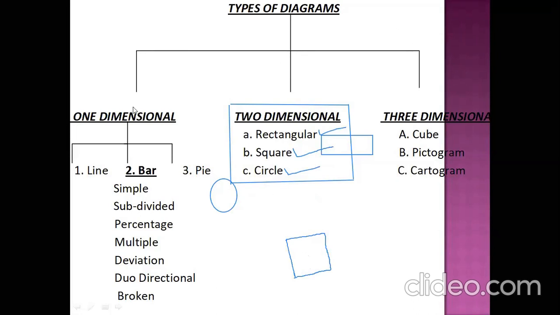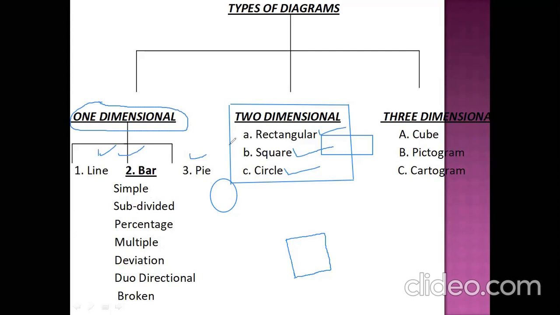So up to now, we have learned one-dimensional diagrams. In one-dimensional diagrams, we learned about line diagram, bar diagram, and pie diagram. In bar diagrams, we have learnt about 7 kinds of bar diagrams: simple bar diagram, subdivided, percentage, multiple, deviation, duodirectional, broken.